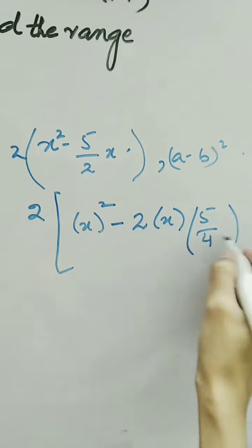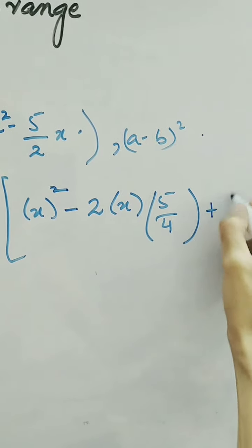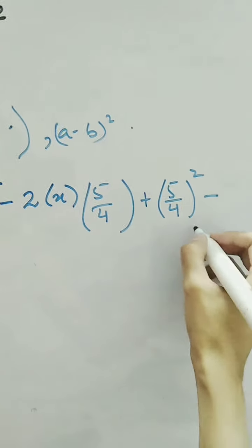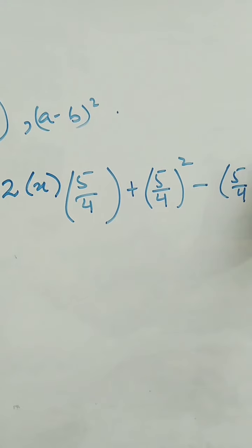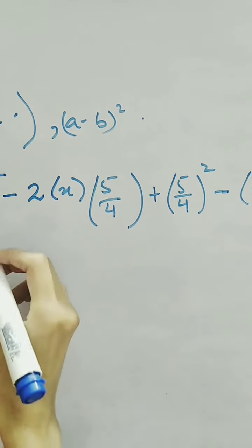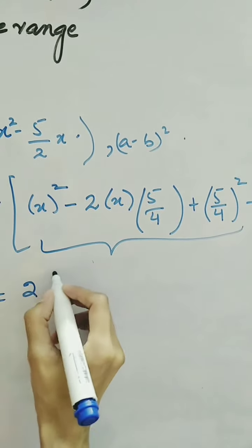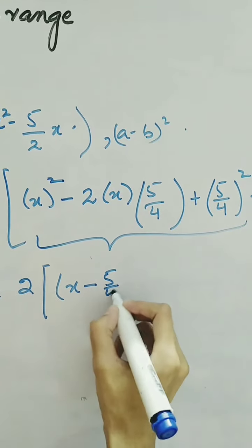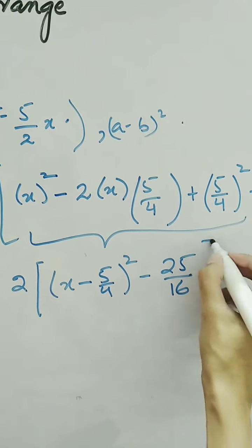So if these terms multiply with each other, we will have 5/2 x. Here b is 5/4, squared, and in order to cancel the effect of this (5/4)², we add it again with a minus sign. So we first put these terms into the formula. Now we have 2, and a is x, b is 5/4, whole squared, and we have 25/16.